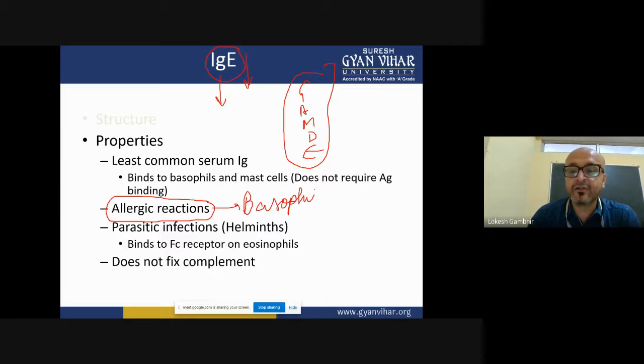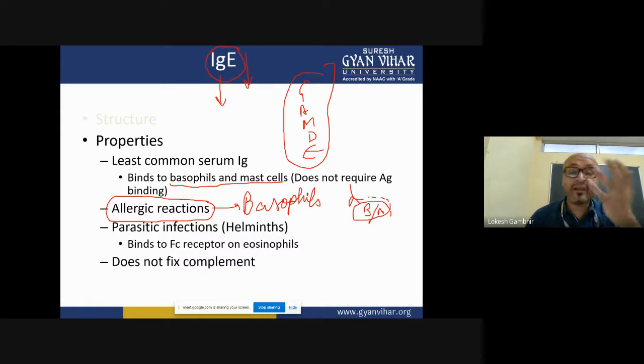So what it does is go and bind to the basophils or the mast cells which are producing the histamine. It will bind to the cells responsible for secretion of histamine. It will go and bind on their surface.